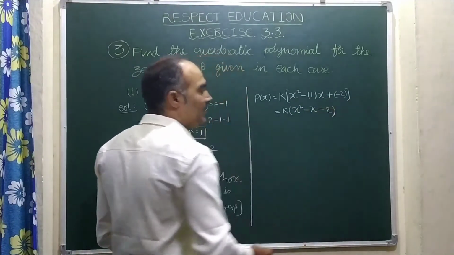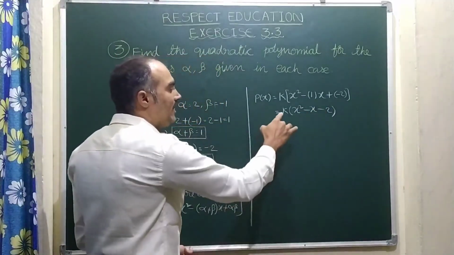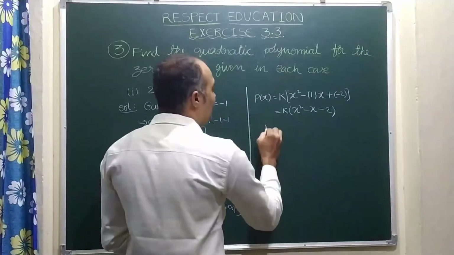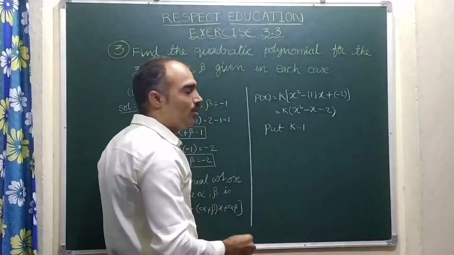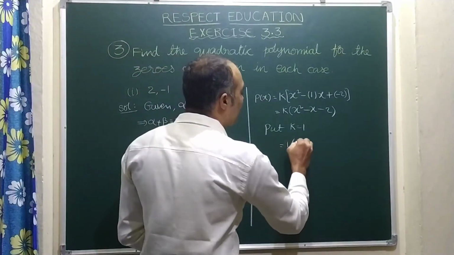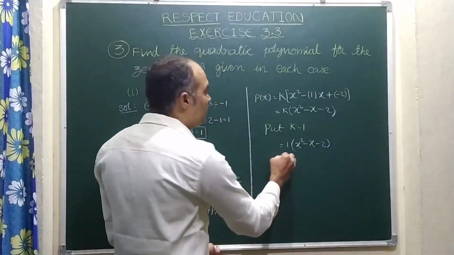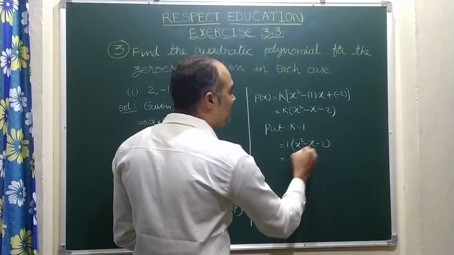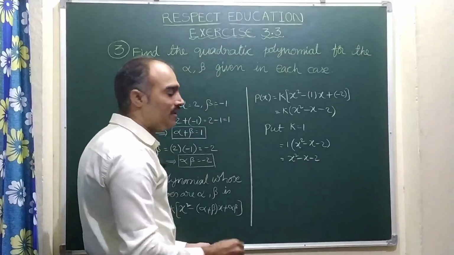Right? So here it has no denominator, that's why we can take k value as 1. So here put k is equal to 1. Then the polynomial becomes 1 into x square minus x minus 2. As you know, 1 into anything is the same thing. So here x square minus x minus 2 only will come.